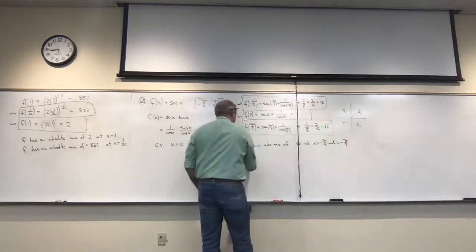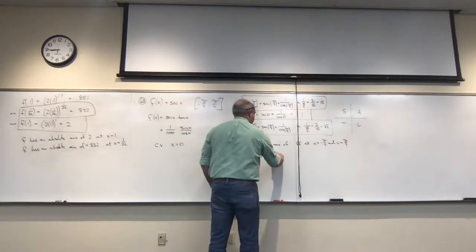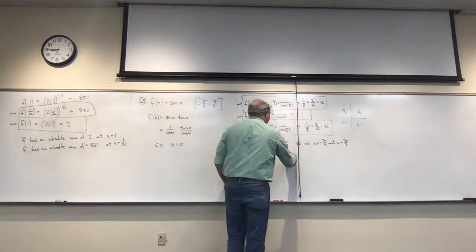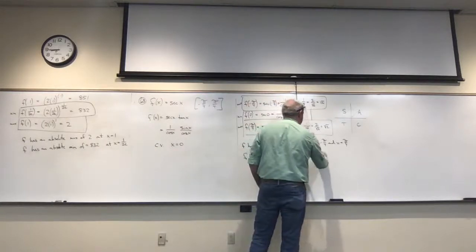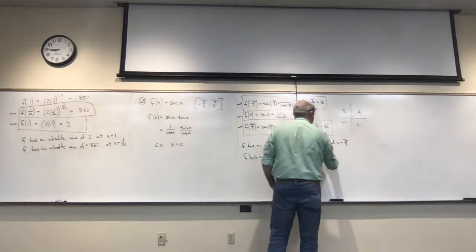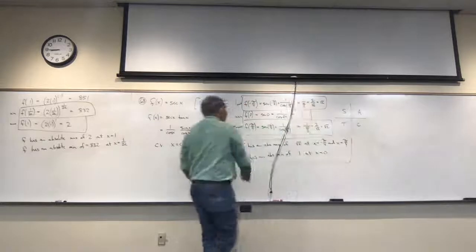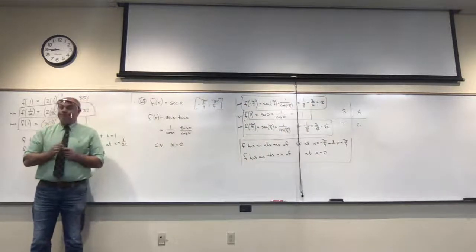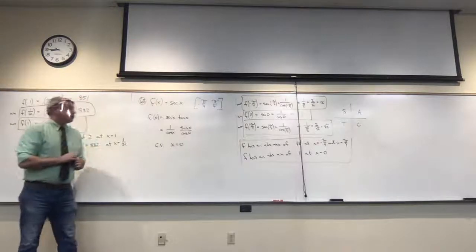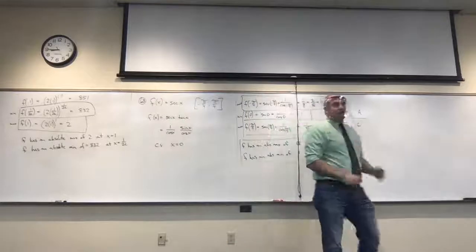And then f has an absolute minimum of, I suppose, 1 at x is equal to 0. That's it. Sound good? Okay, that should definitely give you a good push in the right direction on this assignment.